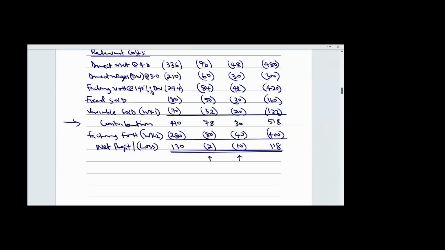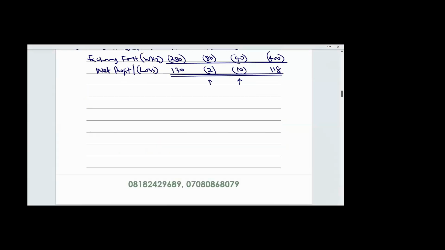Number B requirement. You have to redraft the statements prepared above using contribution margin approach. Now, when you are using contribution margin approach, you are not expected to consider general fixed overhead for all the segments, because this one has nothing to do with them.